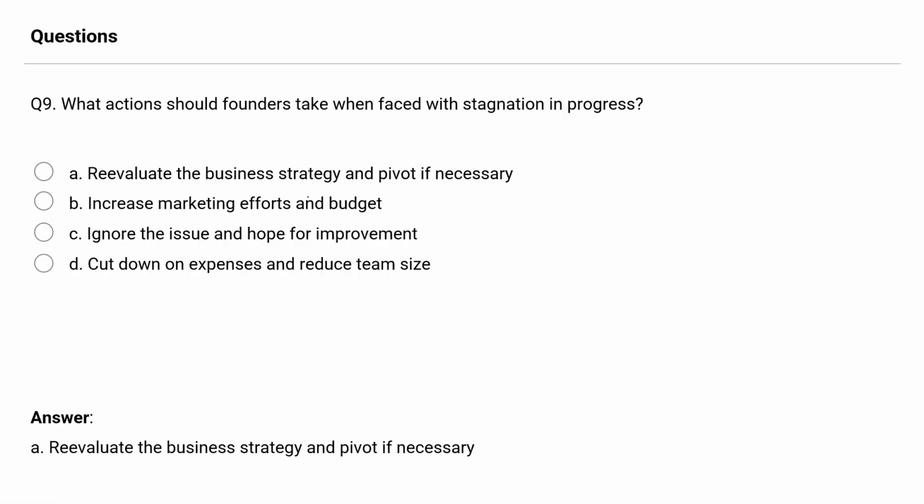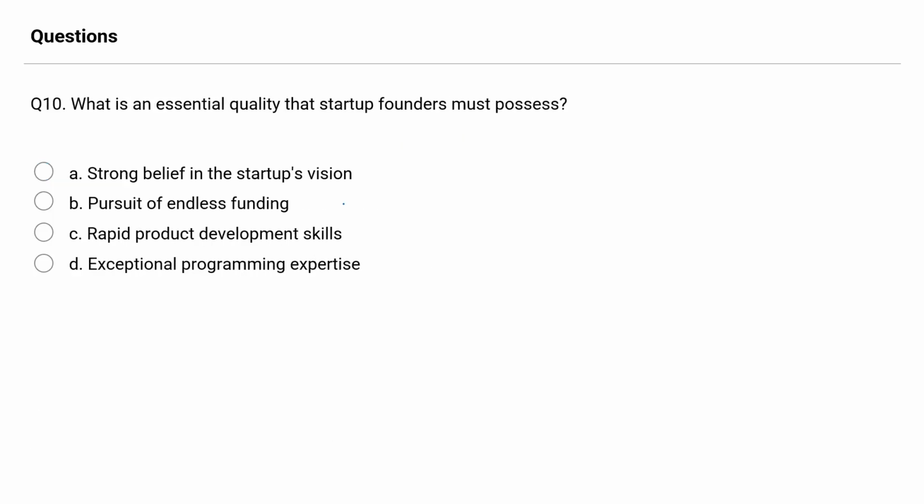So, what actions should founders take? The correct answer is to reevaluate the business strategy and pivot if it is necessary, right? And if you recall, Ms. Mayuri, we talked about this pivoting and how they got stuck with the market challenges, but then they pivoted to get the right and appropriate product market fit, and it helped them in the overall process.